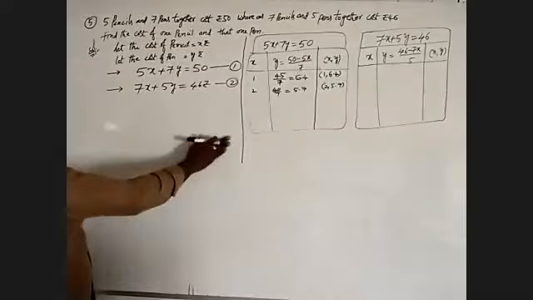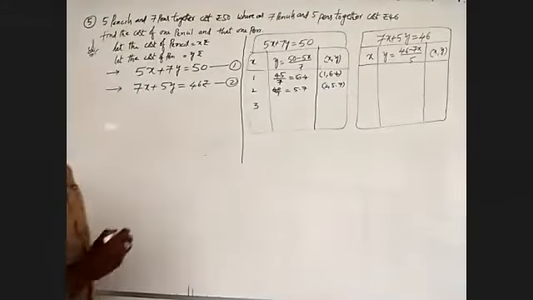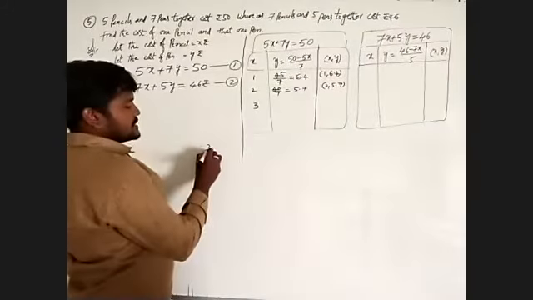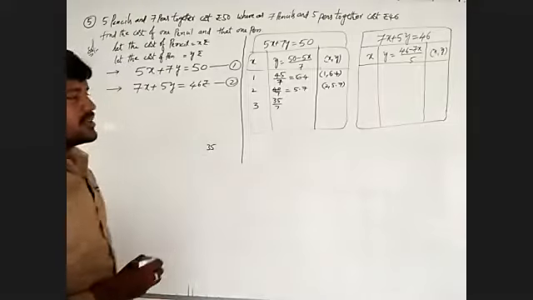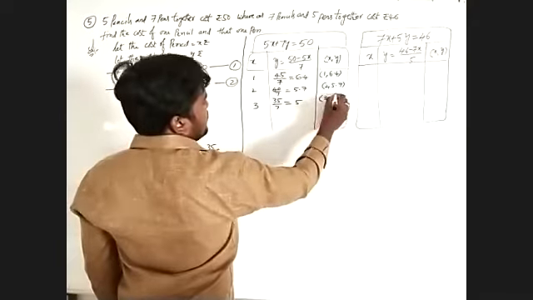After that, let x is equal to 3. 5 threes are 15. 50 minus 15 becomes 35. 35 by 7. 7 fives are 35. That is the point 3 comma 5.